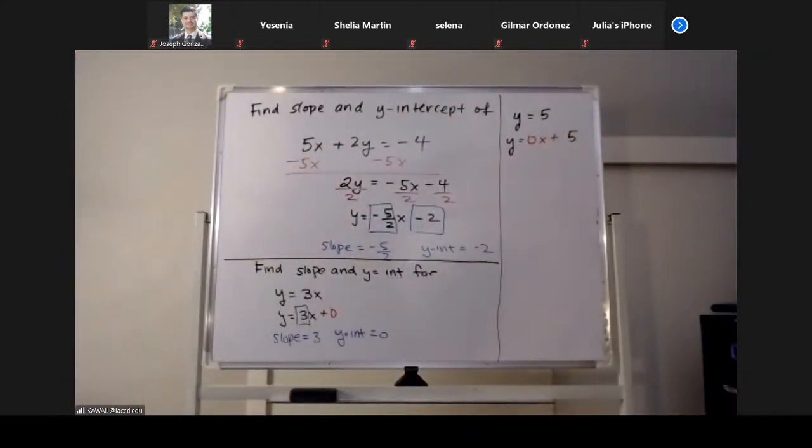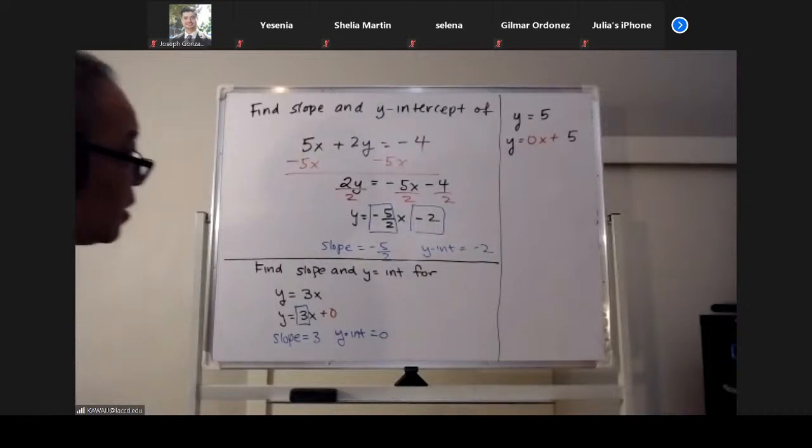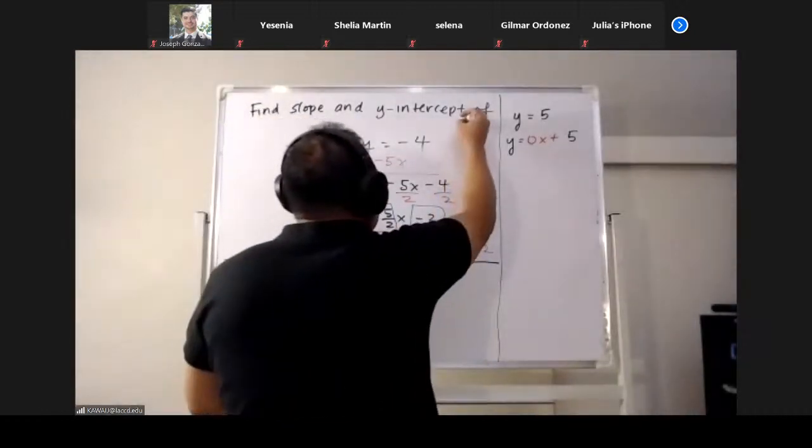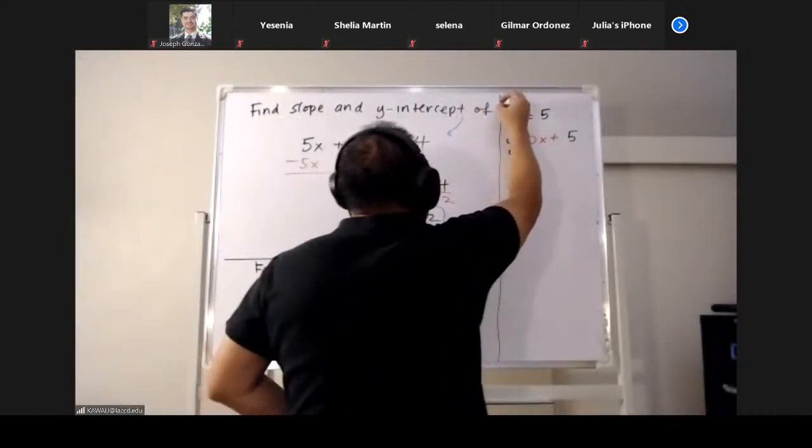So go ahead and write down the slope and the y-intercept. Okay, so these directions are for this, and these directions are also for that.